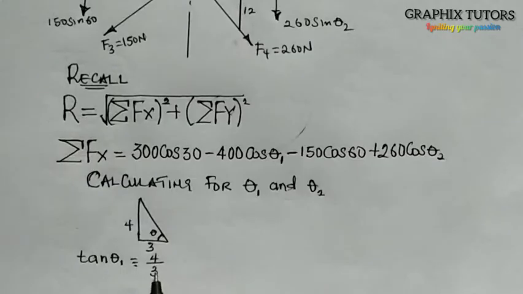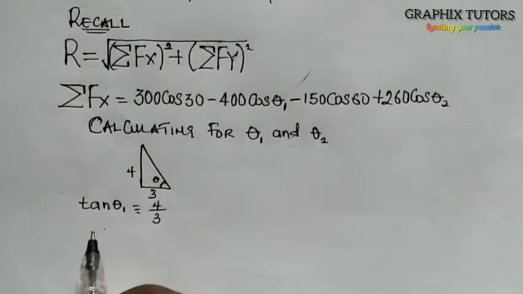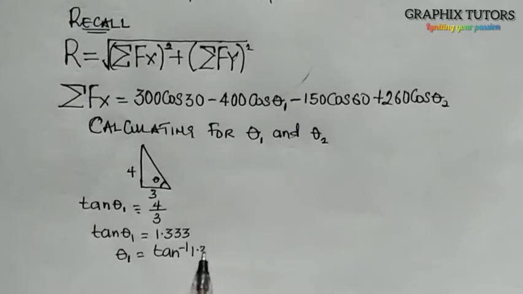Right? So tan theta 1 will now give me 1.333. So if I make theta 1 the subject of the formula, it gives me tan inverse 1.333, which in return will give me what? 53.13 degree. That is my theta 1.